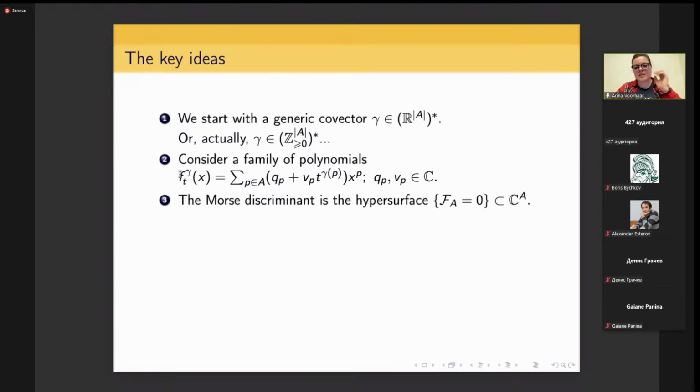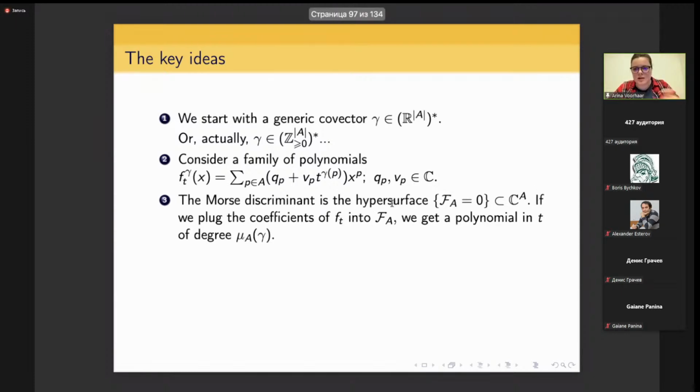Then the idea is that if you plug these coefficients into the Morse discriminant, which is defined by a polynomial whose variables are those coefficients, you get again a polynomial in t, and the degree of this polynomial is the sought value of the support function of the Morse polytope on gamma.